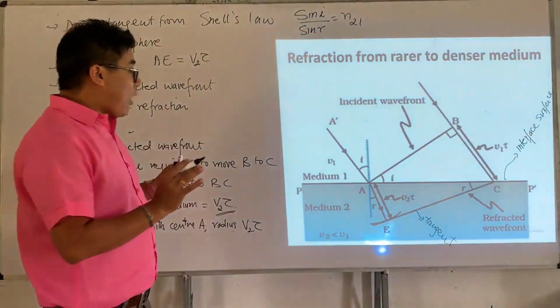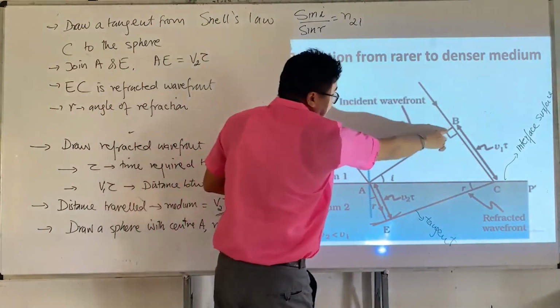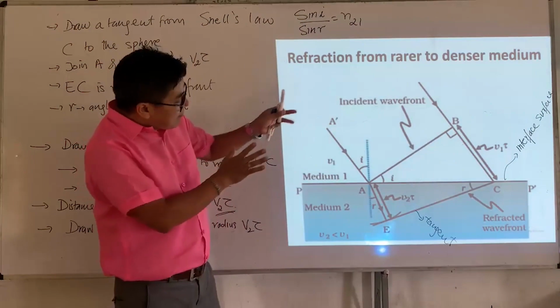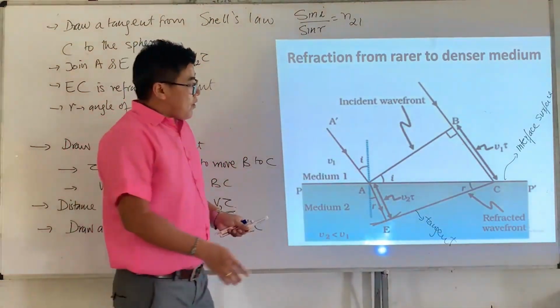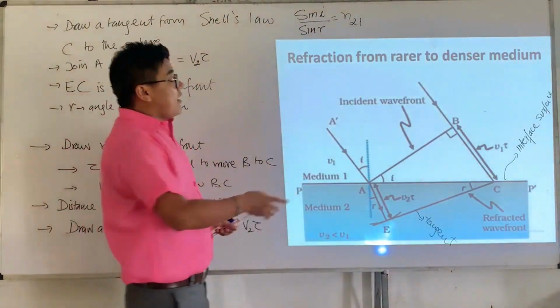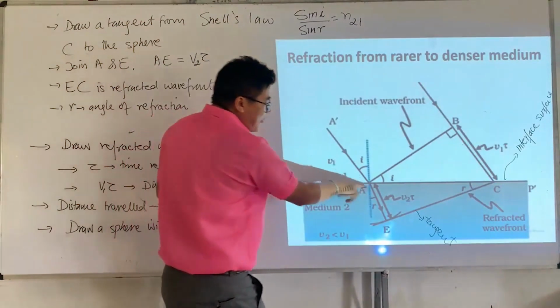Now look at here, this is the incident waveform and this is the refracted waveform. You can see some bending. Why? Because light travels faster in the first medium than in the second medium. So in the first medium, light travels a greater distance. In the second medium, light travels less distance.